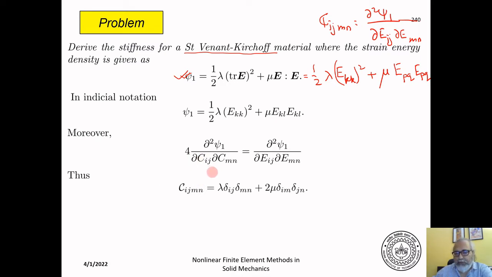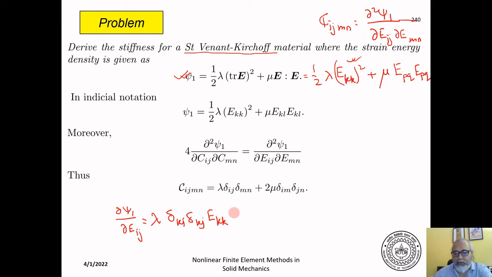So first do del psi 1 del Eij, that will give you 2 Ekk, so the 2 and half cancel, so you have lambda delta ki delta kj, that's what you get from here, times Ekk.